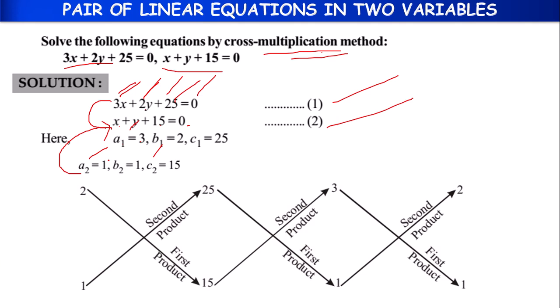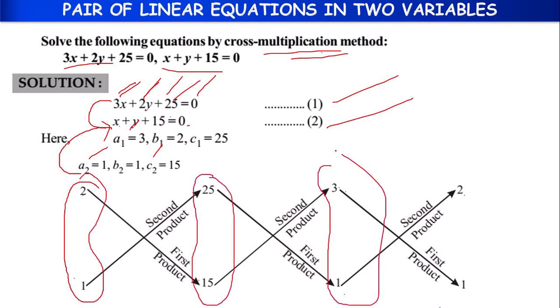Let's take y coefficients first: 2, 1. Next constant terms, 25, 15. Next x terms, 3, 1. Next y coefficients, 2, 1. So first we have to start with y coefficients, then constants, then x coefficients, and finally again y coefficients.